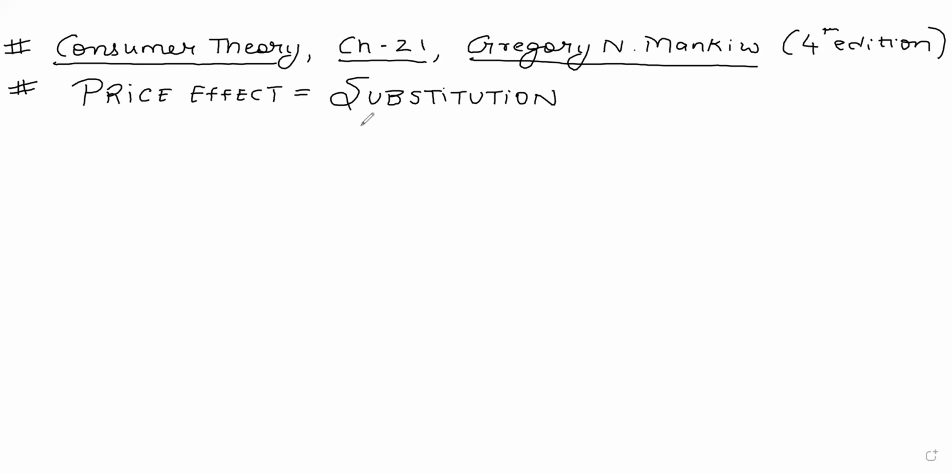One is called the substitution effect, and another effect is called the income effect. Okay, so we are bifurcating the total price effect into two parts, which are the substitution effect and the income effect. Now let us understand what is meant by substitution effect, what is meant by income effect.